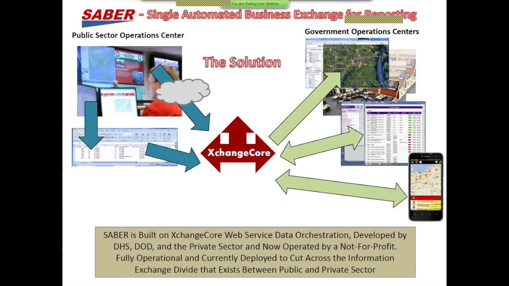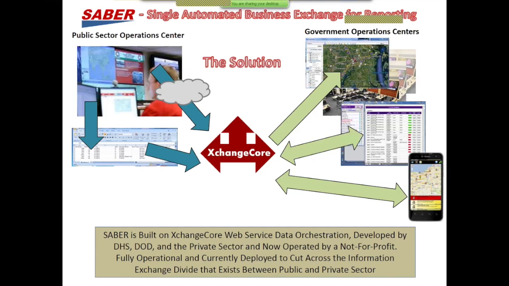It was developed originally by the Department of Homeland Security, had major efforts put in by the Department of Defense. The private sector has made contributions, and we've just recently gotten a documentation on a contribution that's going to be made by Queensland, Australia, that has done work that will be added into XchangeCore.